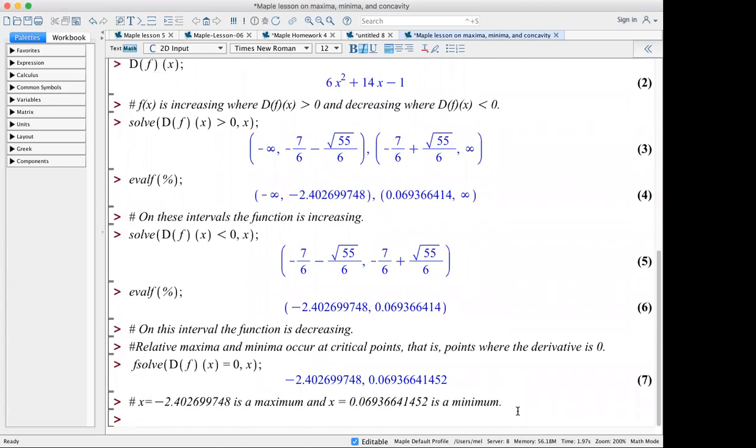And let's recall the second derivative test. If the derivative of f of x is 0, and the second derivative is positive, then x is a minimum.